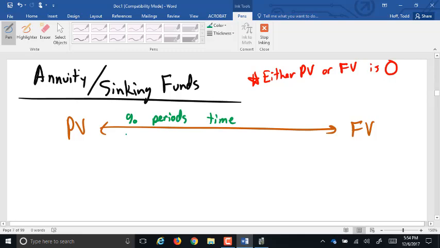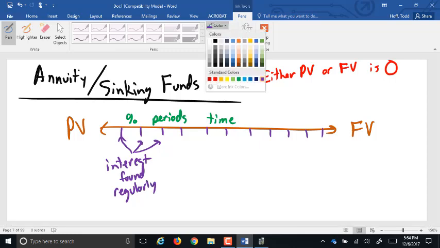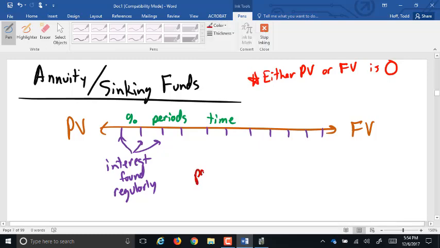And not only is interest found regularly, but also, and here's the big difference, payments are made regularly.